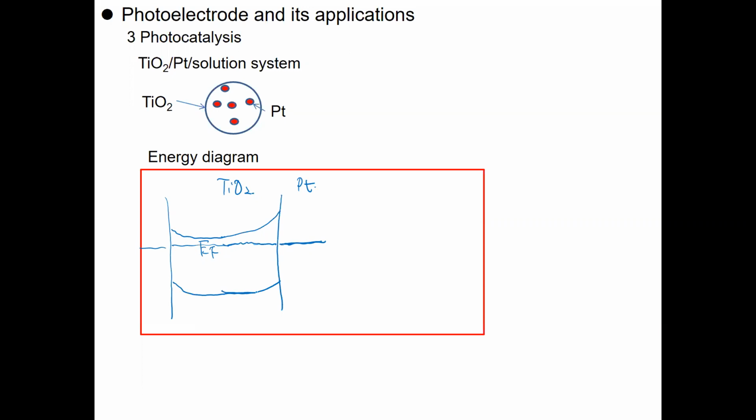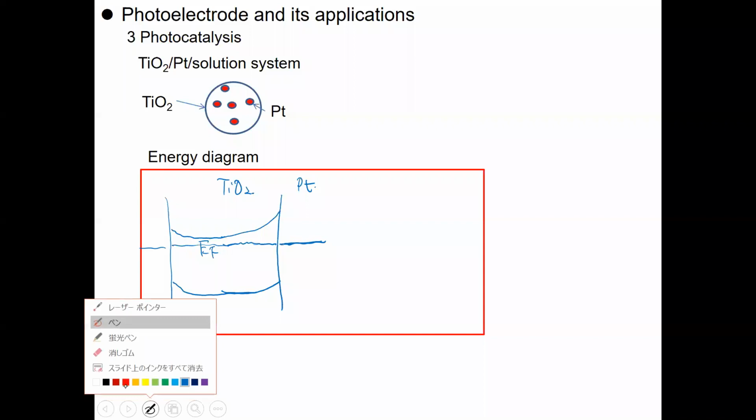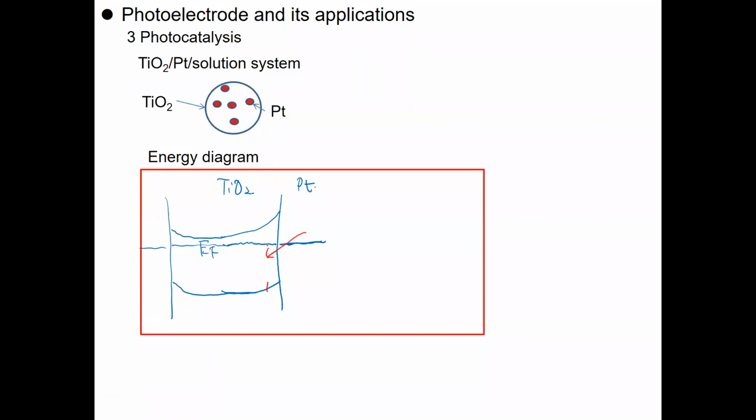Okay. So when the light is illuminated, again, electrons and holes are generated. It's going this way. And this hole is used for oxidation reaction. And in this case, based on the energy diagram, the electron can go inside, but there are several researches, though not clear much.